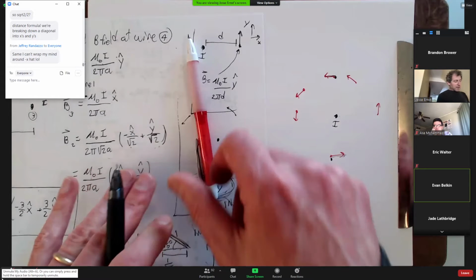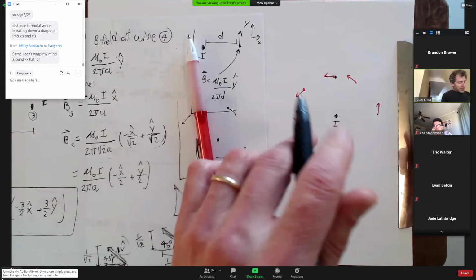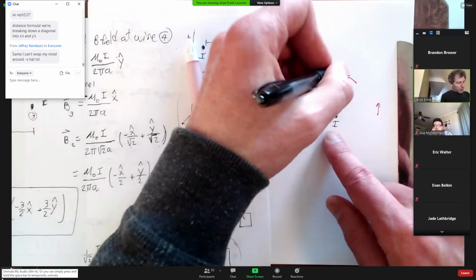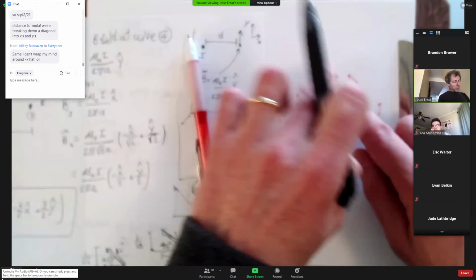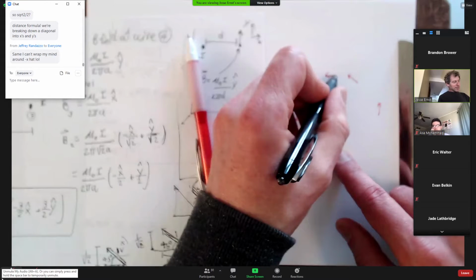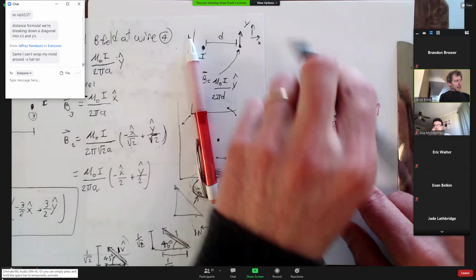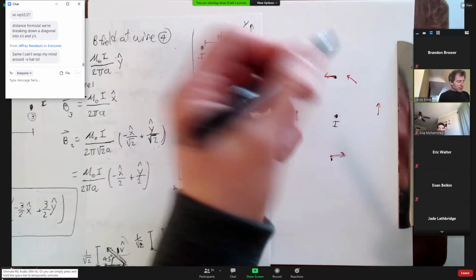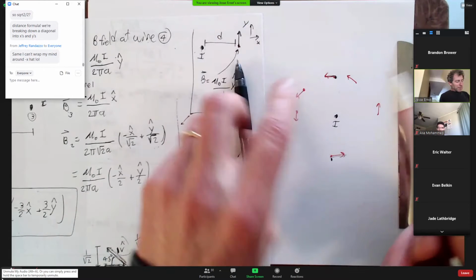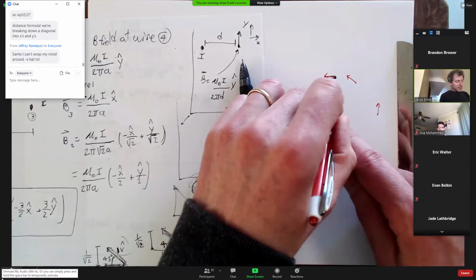Yeah. Because I already know that the B field up here points to the left, I don't care if there's a wire here or not. The B field at this point in space from this wire points this way. So if I put a wire here and say, what B field is it in? You already did that. The B field above this wire points to the left.